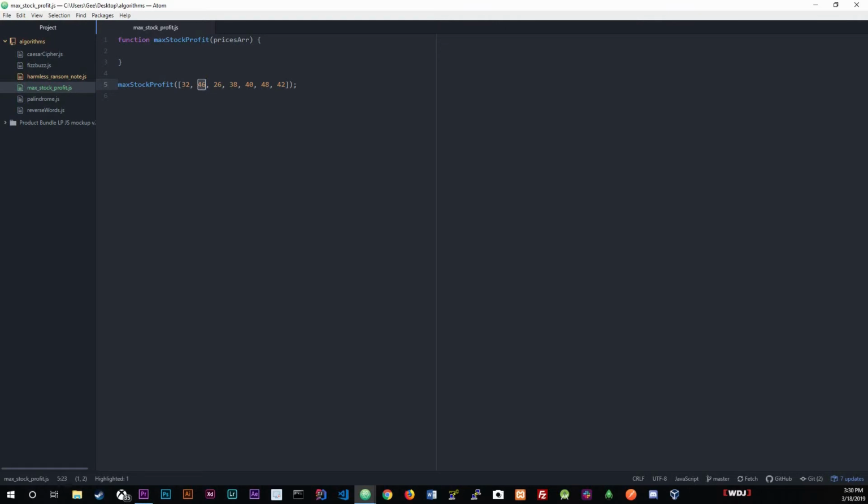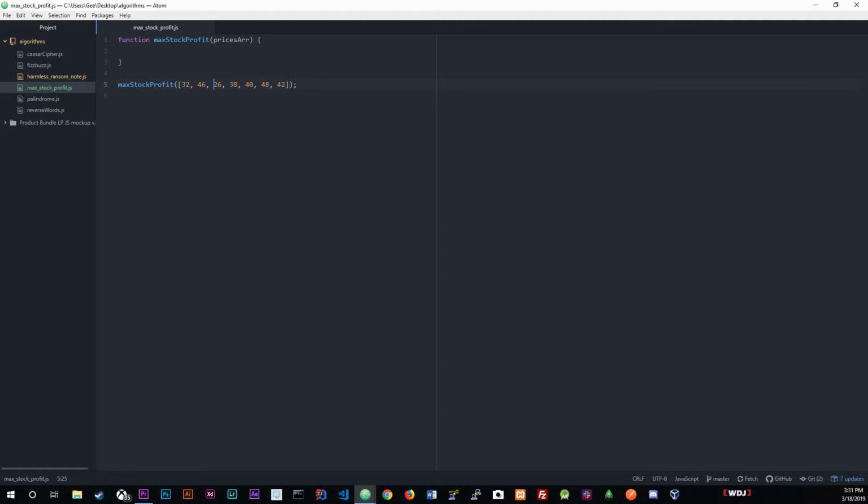So let's say we put the buy price right here and the sell price again right here. It will still give us a negative number. So instead of moving the buy price one up, we're going to move it to the current one we're at right now, because it wouldn't matter if we were here. Remember, if we choose it right here, it will still give us a negative number. So we need to move it to the current.